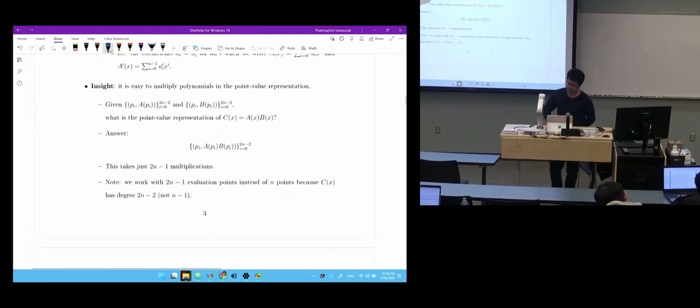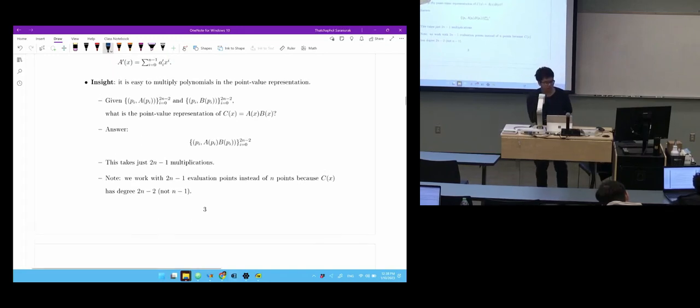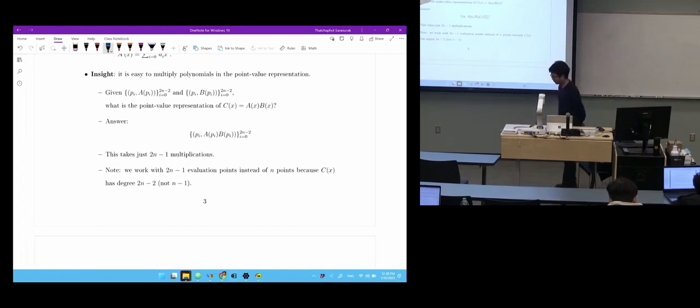Okay, so now one good insight is this. Let's say that my problem is still polynomial multiplication, but instead of having the input as a coefficient list, the input that is given to us is the point-value representation.